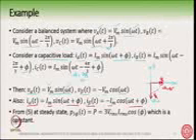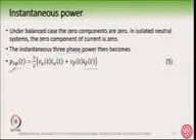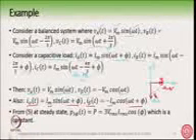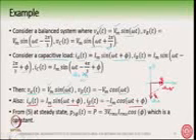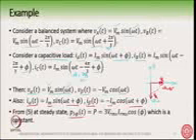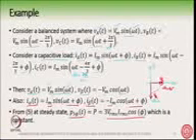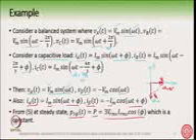Then I go back to the equation of P3 phase T, which is equation number 5, and substitute these values. What do I get? If you do this yourself, substituting these values and solving, you will see that P3 phase is equal to 3 V RMS I RMS cos phi, which is equal to the conventional power.